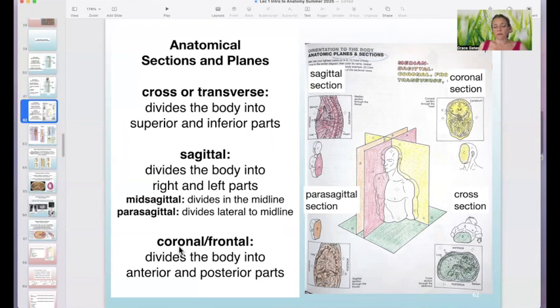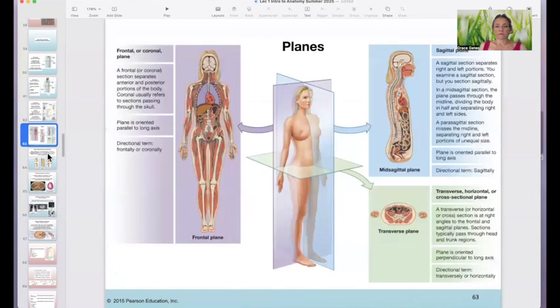If you cut in a coronal or frontal section or plane, you are dividing the body into anterior and posterior parts. And this picture from the anatomy coloring book shows you the kind of sections you're making. For example, in coronal section over here, we see that the body has been divided into an anterior and a posterior part. And here's a picture and some text.